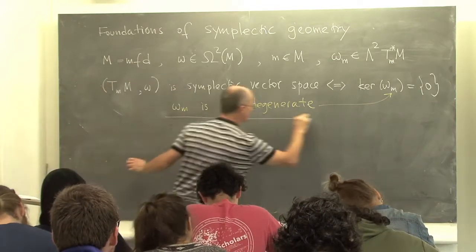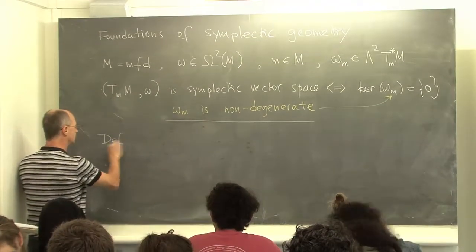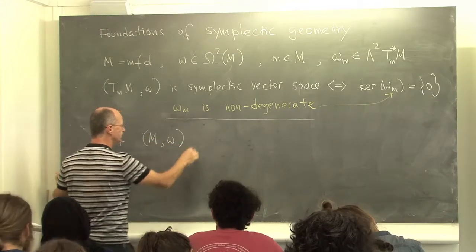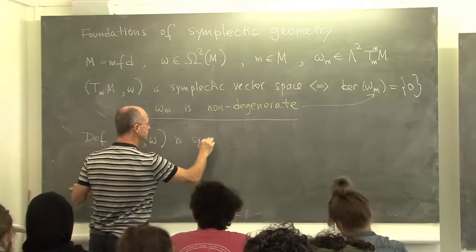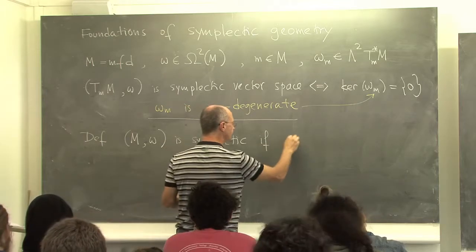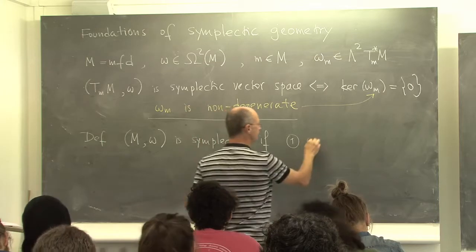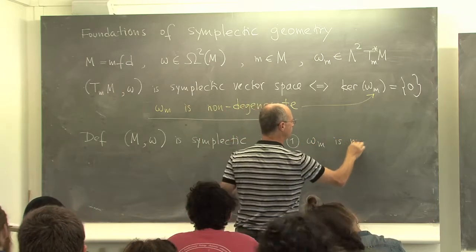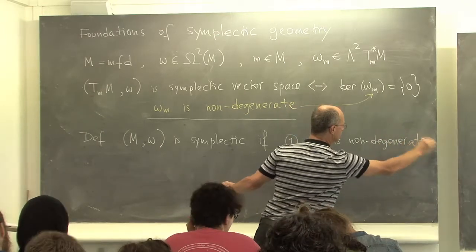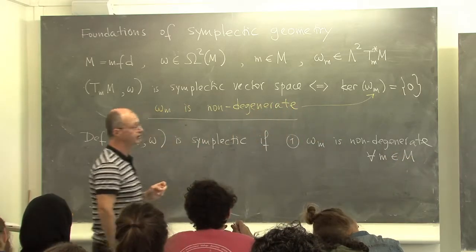Now, the confusing part is as follows. We say that this pair, a manifold together with a two-form, is symplectic if two conditions are verified. The first condition is that omega m is non-degenerate for all points of our manifold.